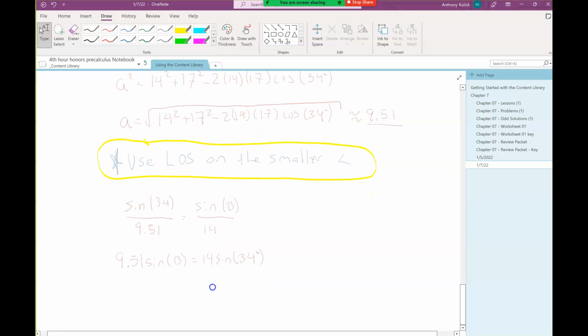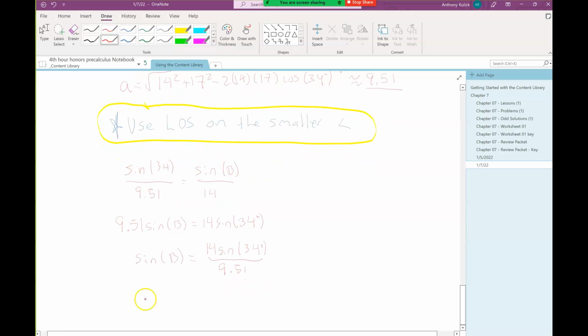And then divide by 9.51. And then do the sine inverse.